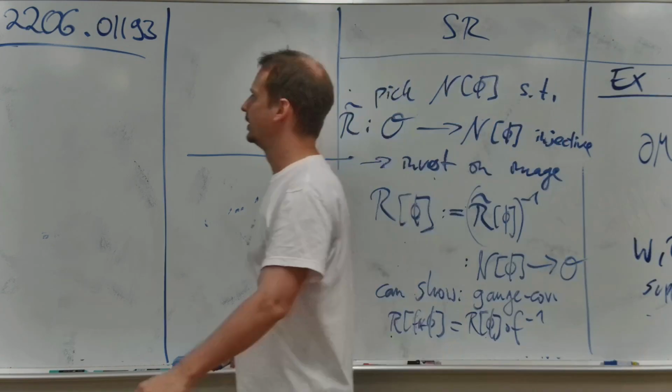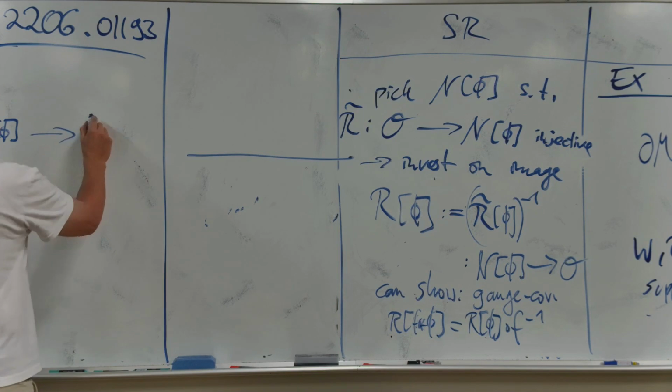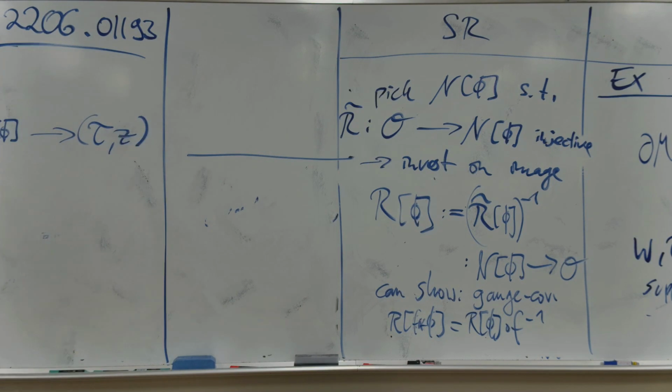Okay, so really what our phi does is it takes x in this neighborhood, which depends on phi, and it maps it to tau and z. And so you can convince yourself that this is equivalent to scalar fields.